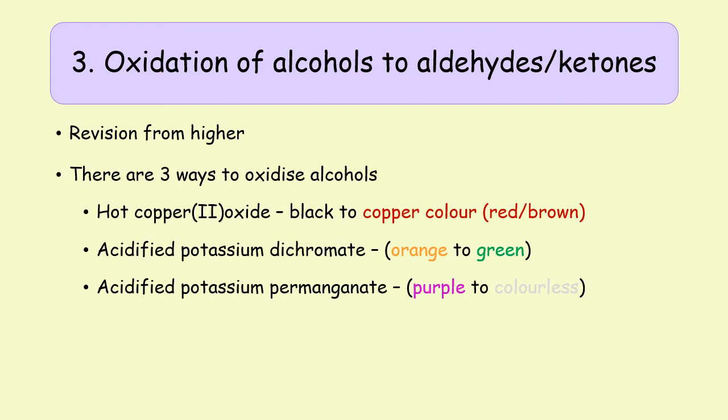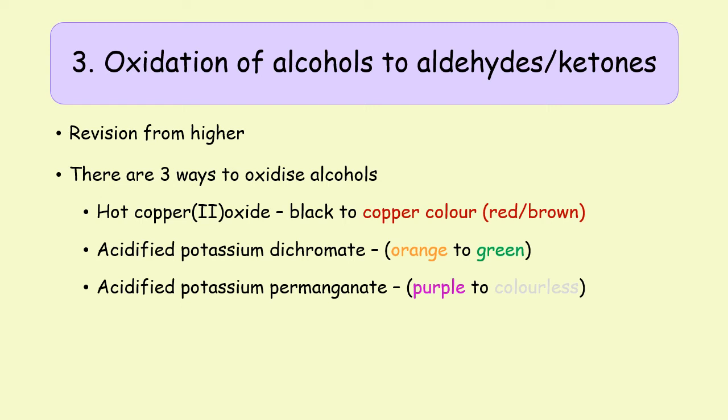The third reaction is oxidation reactions, and this you know from Higher. The only additional item on this is that you used to only need to know two different oxidation reagents. Now you need to know a third one, and you need to know the color changes.